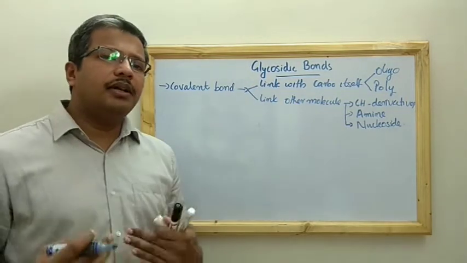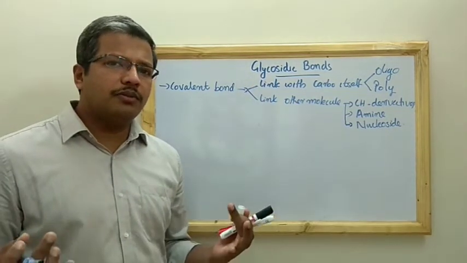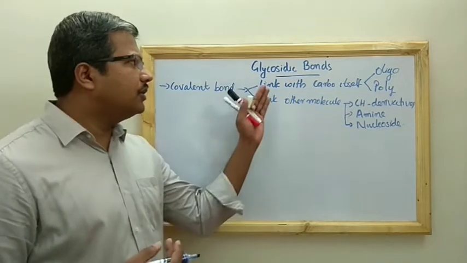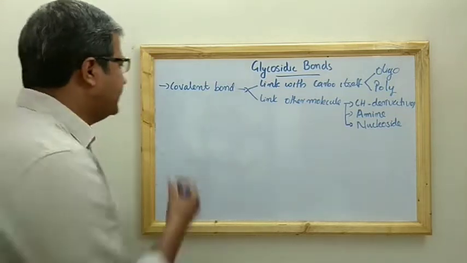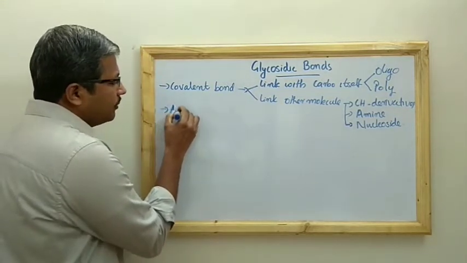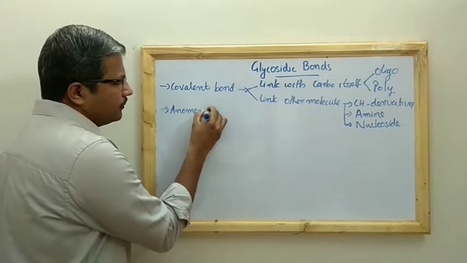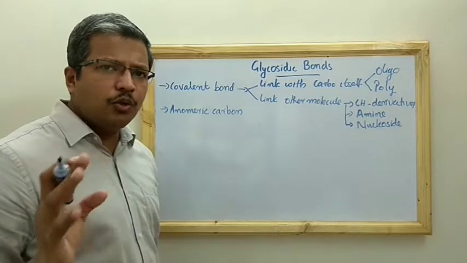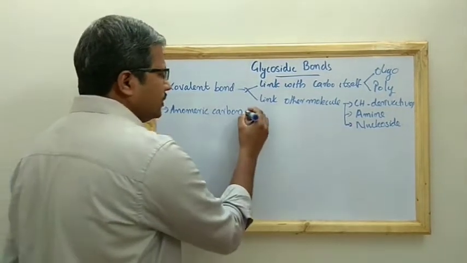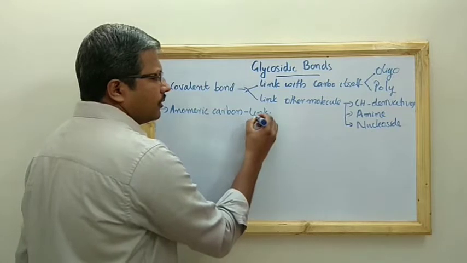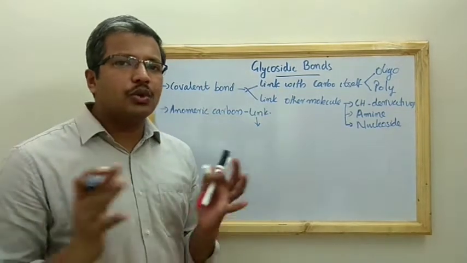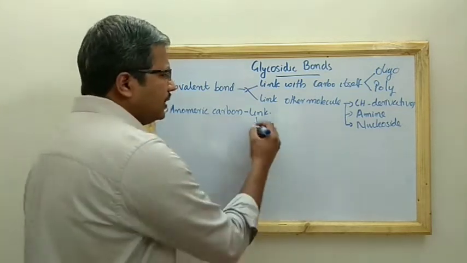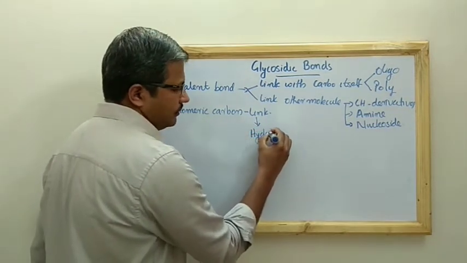Now, which carbon in the carbohydrate monomer, or monosaccharide molecule, is involved in this bond formation? Mostly it will be the anomeric carbon. In most cases, the anomeric carbon will be linking with the hydroxyl oxygen of another carbohydrate molecule.